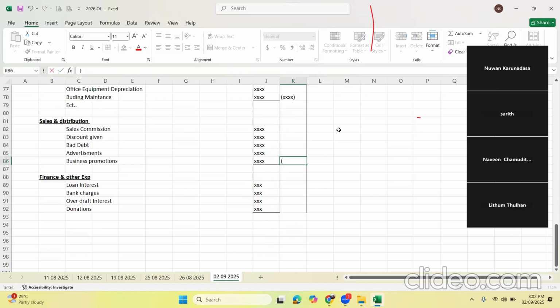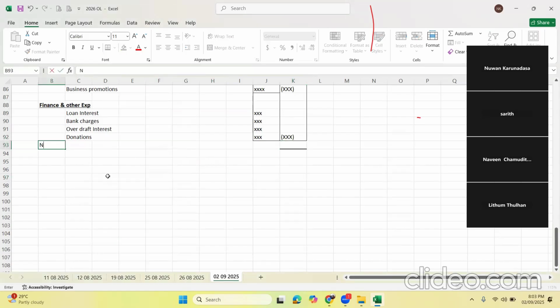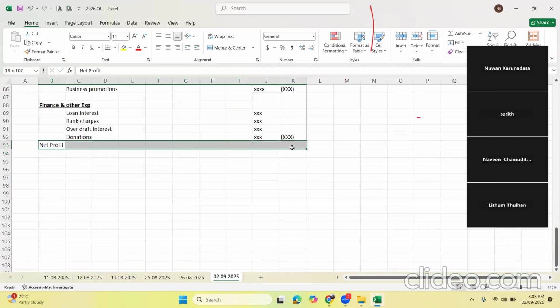Minus the expense total. The minus you show as a bracket. In accounts, anything within brackets means it's a deduction. Then after deducting this, you get the final answer here. That is the net profit of the business.